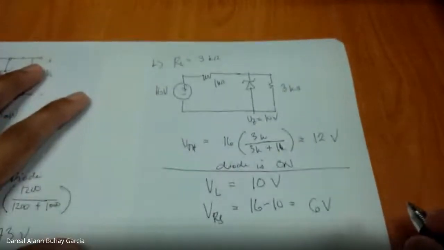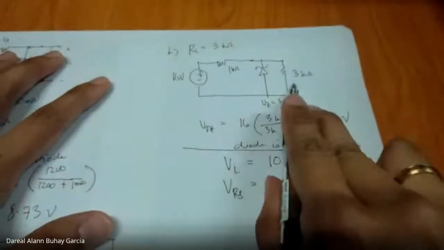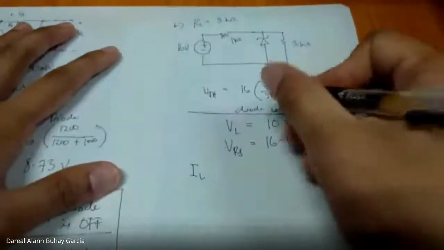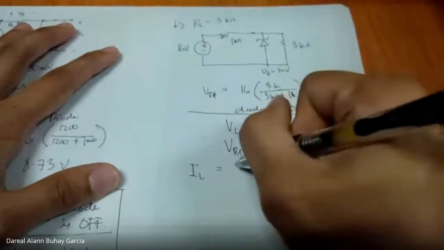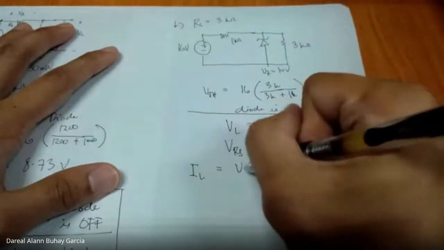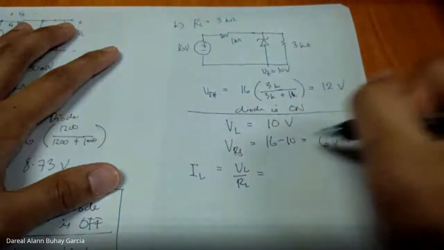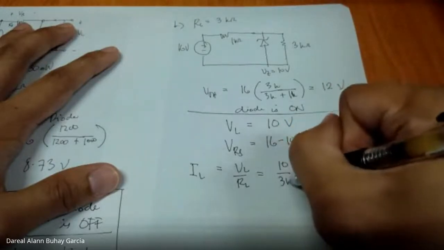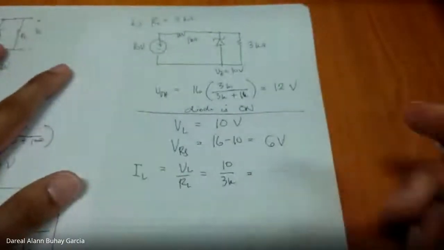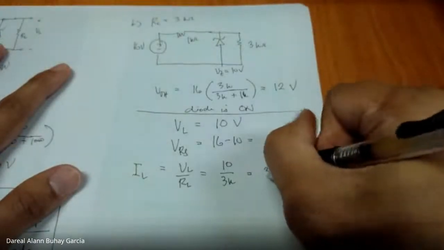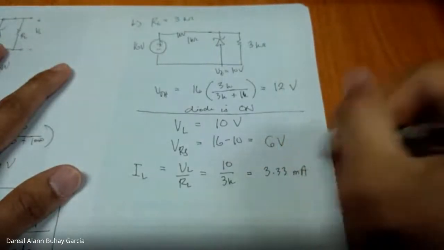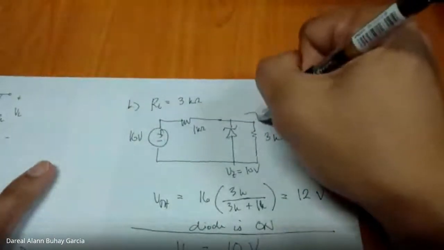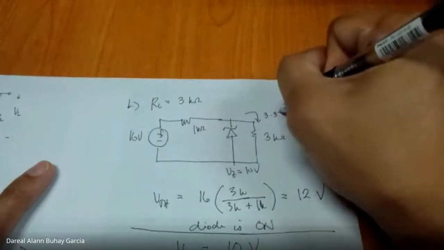Next, current. Which is a current sa RL, no? IL. IL is equal to V over R. VL over RL. VL is 10, not 12, over 3K. Therefore, IL is equal to 3.33 milliamperes.